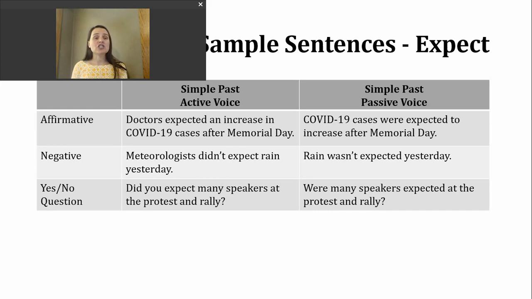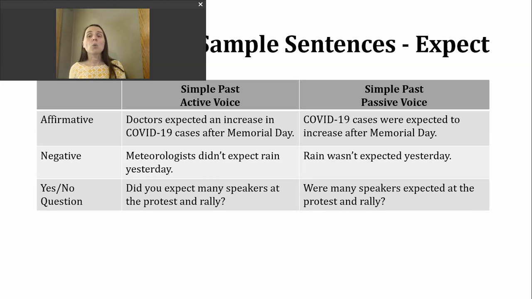If I want to change that sentence into passive voice, to do that, I'm going to use a past tense form of be. So this would be was or were. And then the participle form of the verb, which again is the same as the past tense for this particular verb. So here's the passive voice of that same sentence.